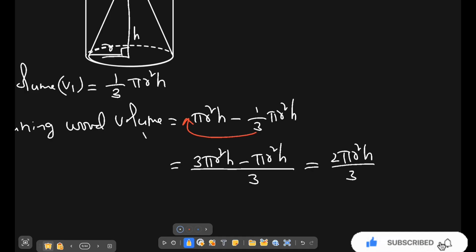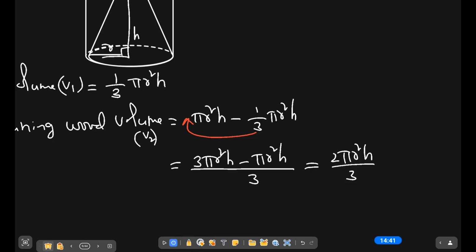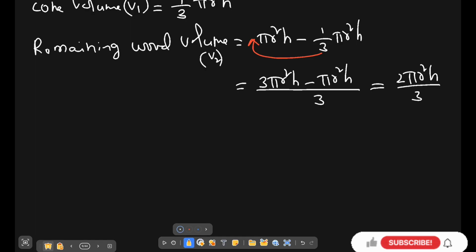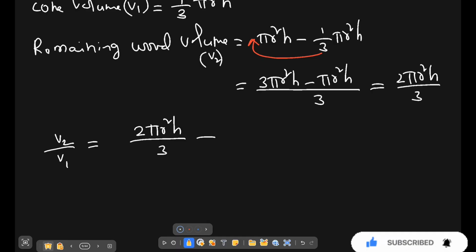Now what is the ratio? The remaining wood volume, let us think this is V2. Now we have to find the remaining volume by cone volume. The remaining volume is V2, cone volume is V1. So we got 2 pi r square h by 3 divided by the cone volume, 1 by 3 pi r square h.